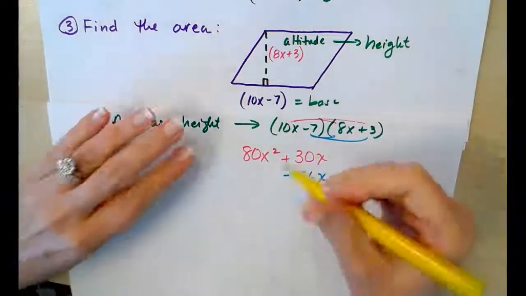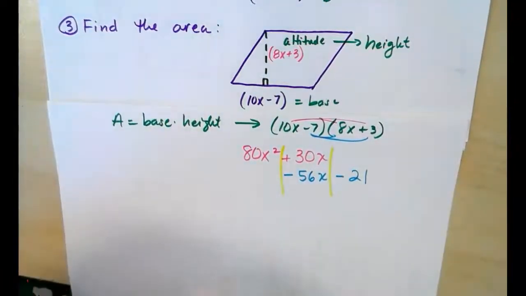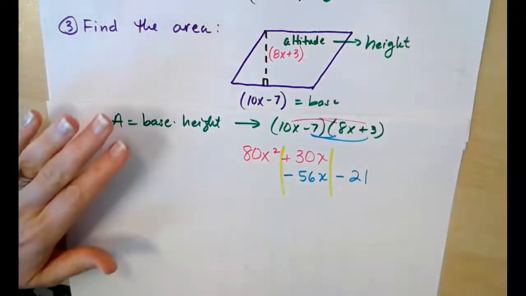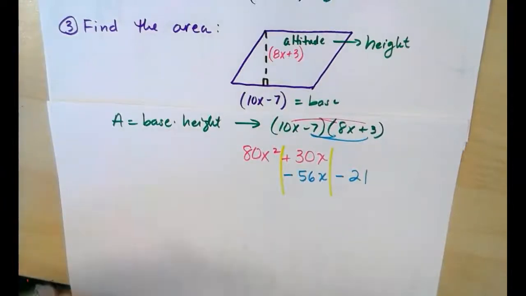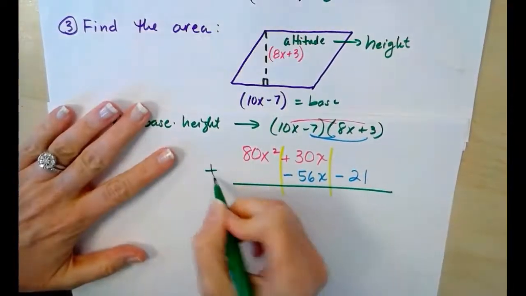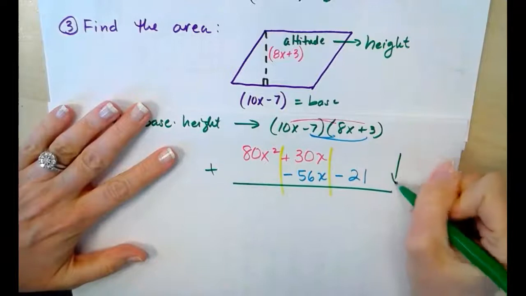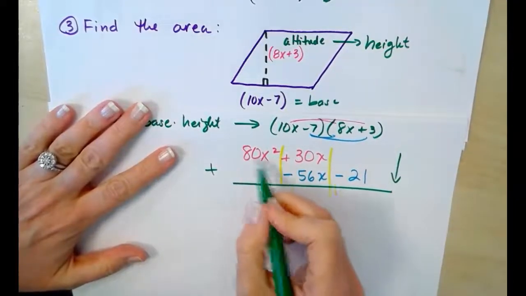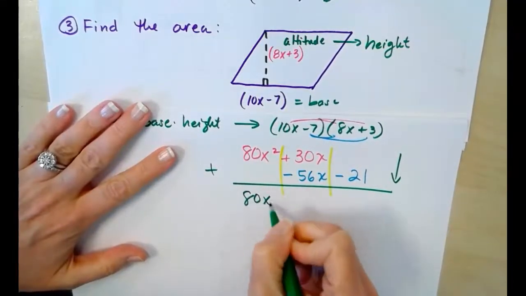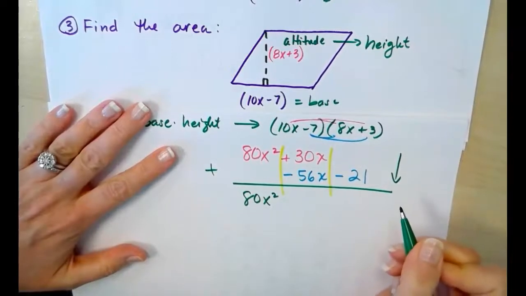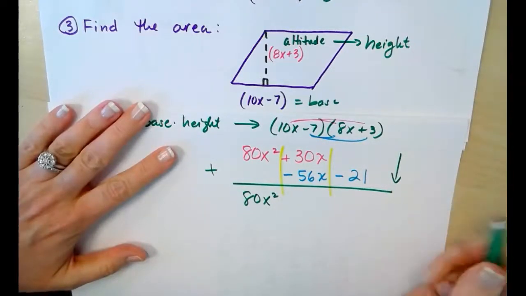This has allowed us to have our like terms stacked on top of each other, and now to get the final simplified answer, we just need to add down the columns. 80x squared just comes down because there are no other x squareds to combine with it.